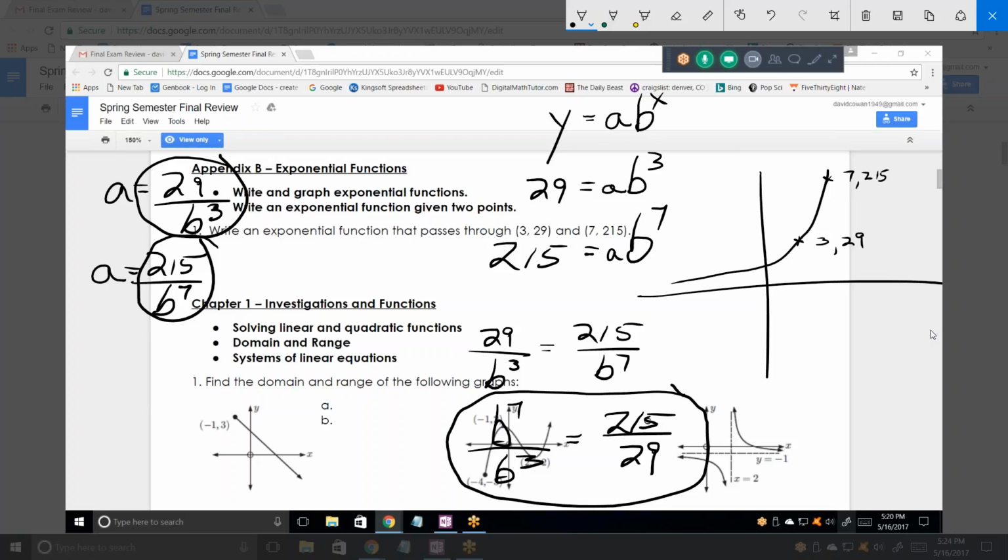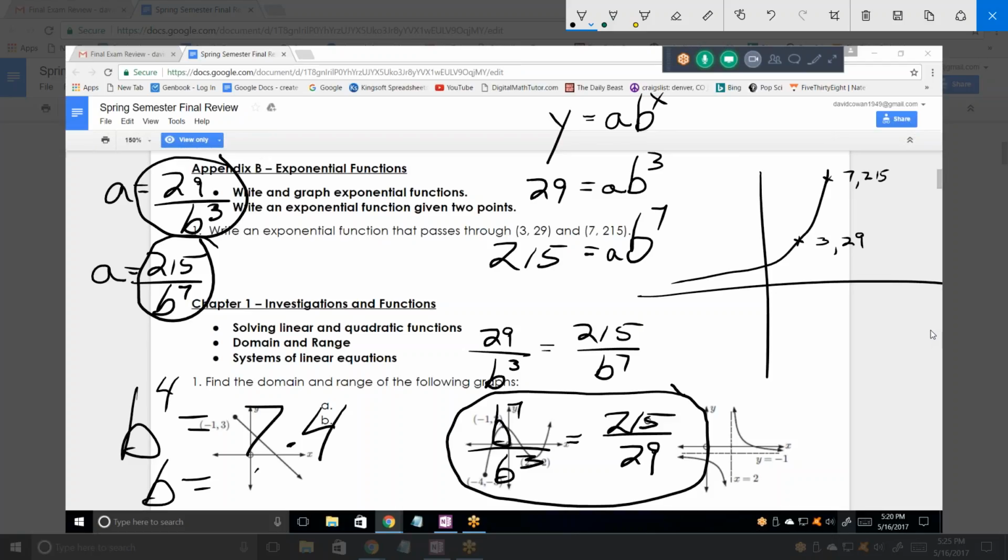And now, you got a calculator? What's 215 divided by 29? 7.4. Now take the fourth root of that to solve for b. 1.65.